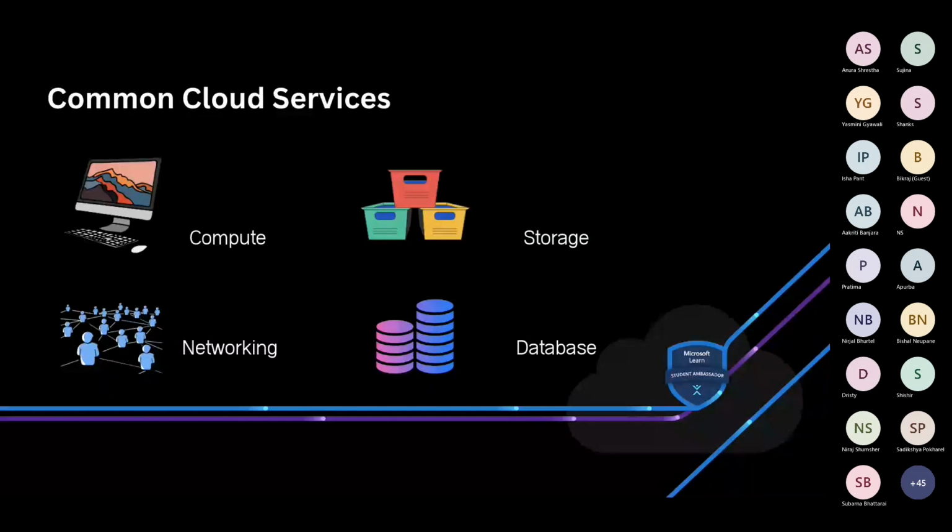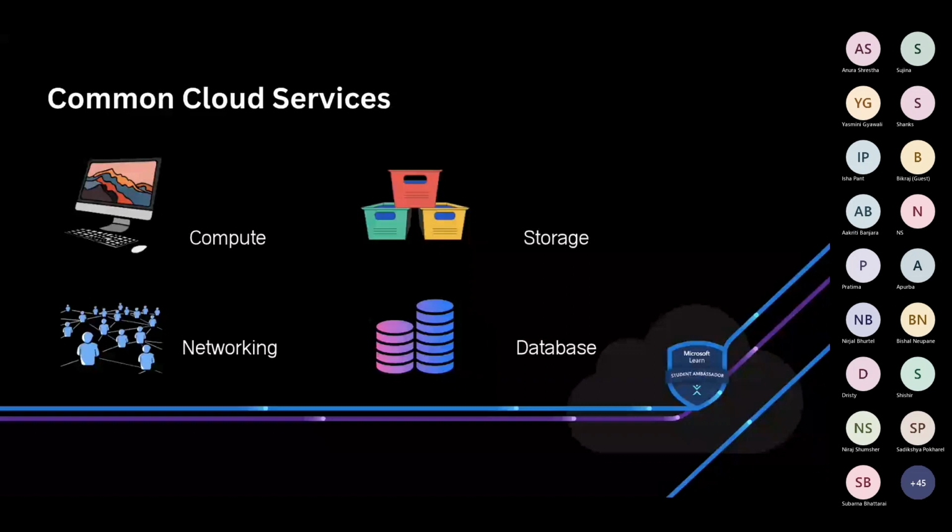And then in the networking aspect, you can think of it as a virtual network, which can also be defined as interconnections and network isolations, etc. So all of these features or services are provided by the cloud service.